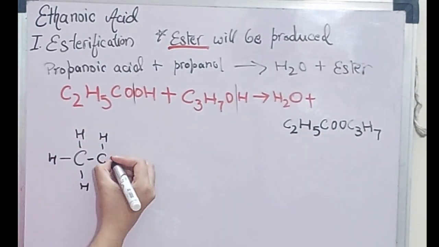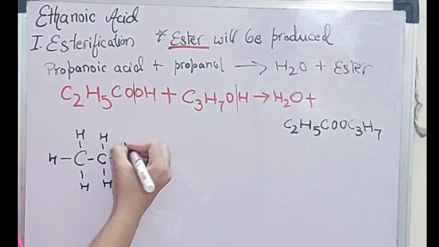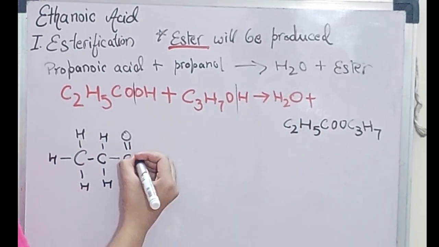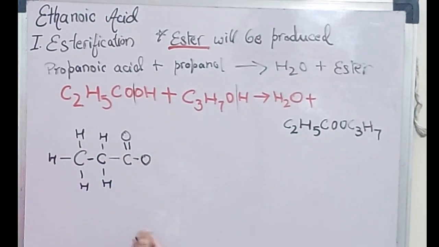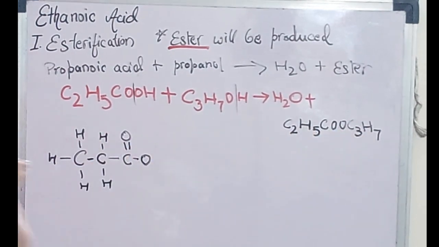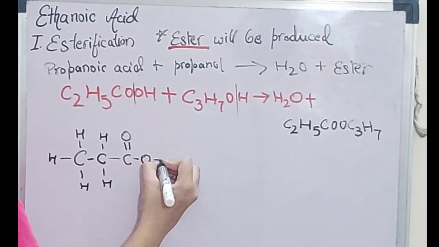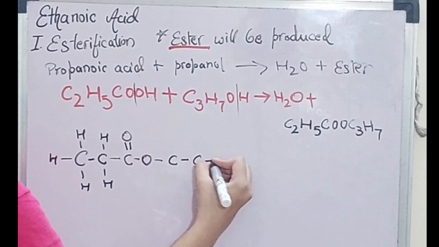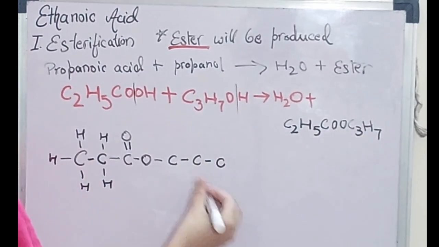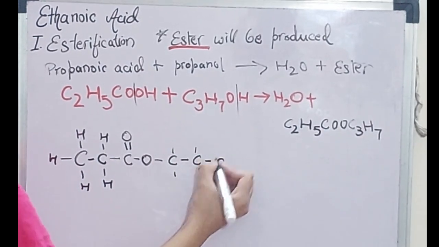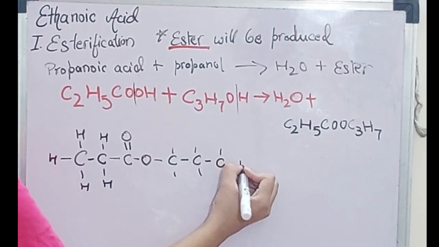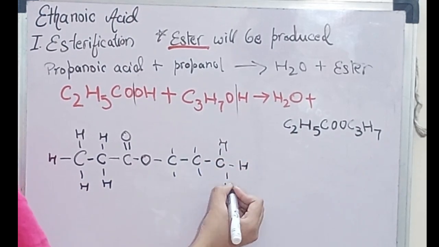Now one more carbon, double bond oxygen, then a single bond oxygen, then C3. Now again you have to draw the 3 carbon, 1 2 3 and 7 hydrogen, so 1 2 3 4 5 6 7, completing the valency.